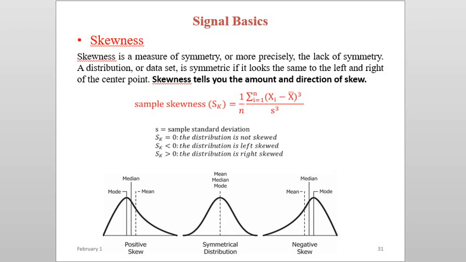But in positive skewness, the tail moves to the right side where the mean, median and mode look like this, and in negative skewness the mean, median and mode will move to the left. Here we have the formula to know about skewness, and this is the main formula of skewness.